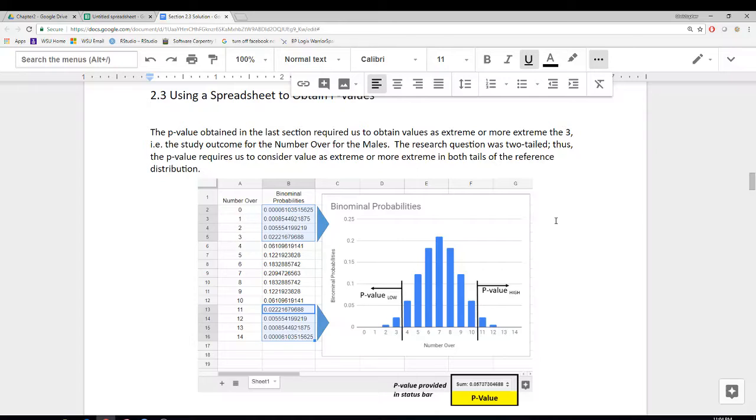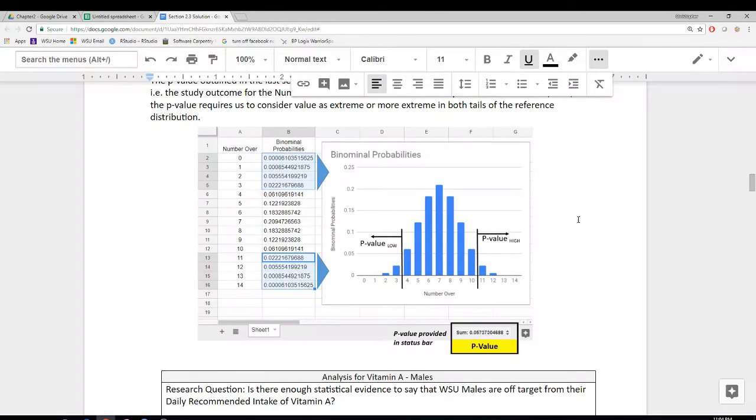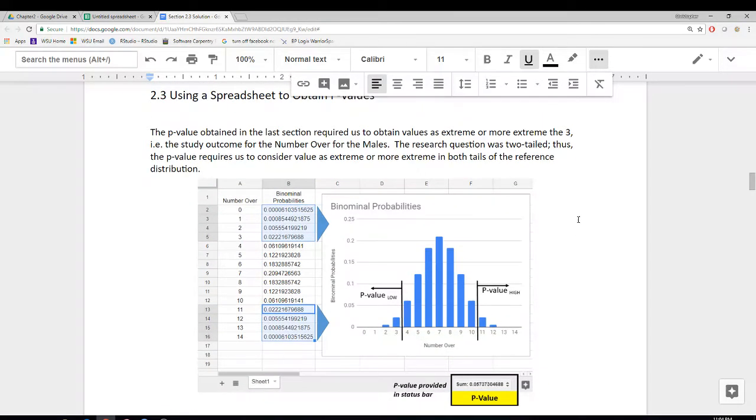Okay, let's talk a little bit about how to obtain the p-value then for this particular example. In the last section, we needed values. The p-value, again, uses values as extreme or more extreme than the study outcome, in this case 3.